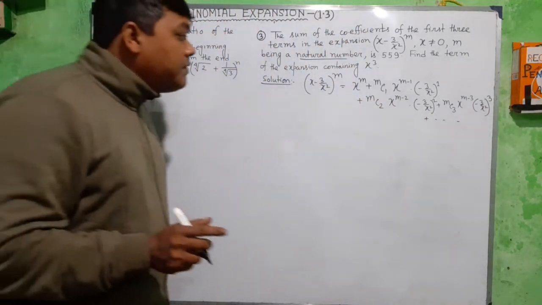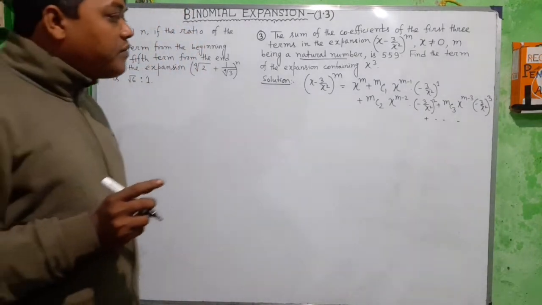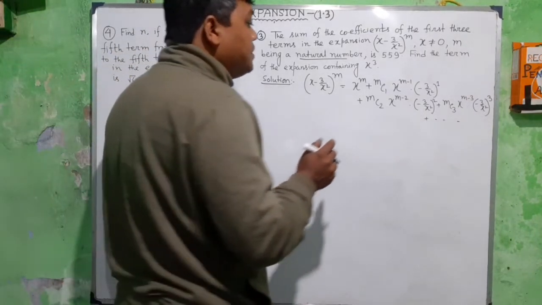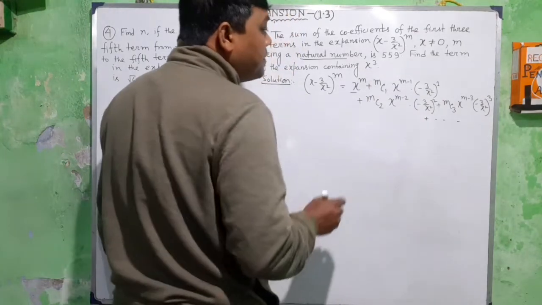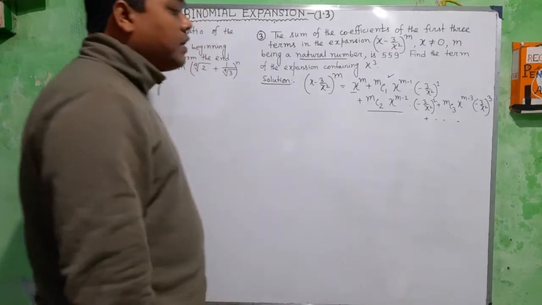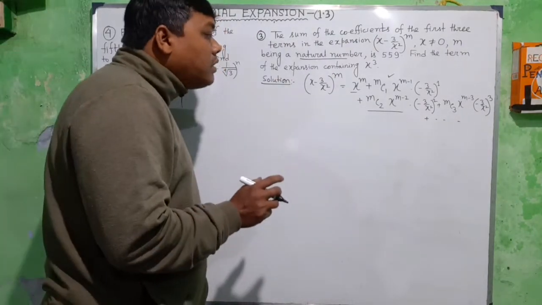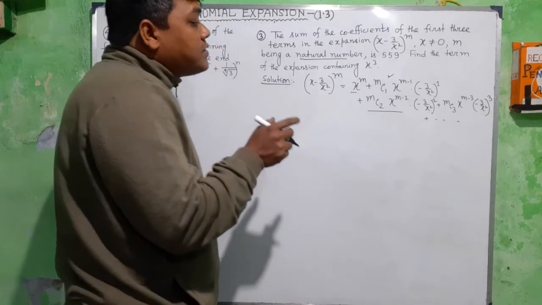In the question, the sum of the coefficients of the first three terms is given: this is the first term, this is the second term, and this is my third term.